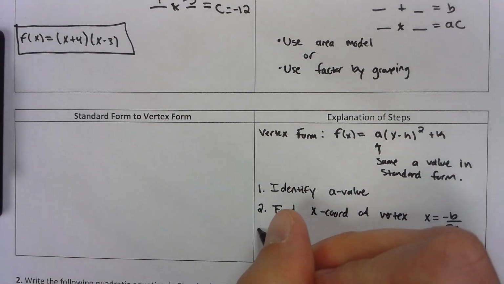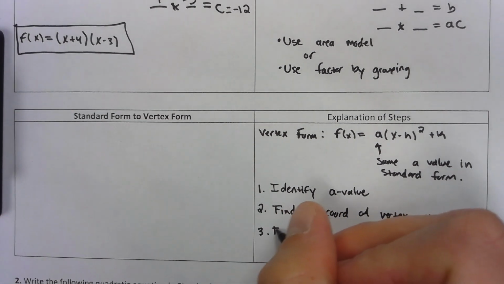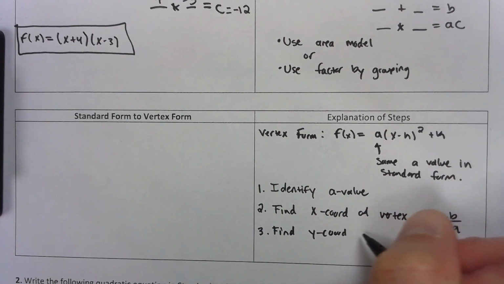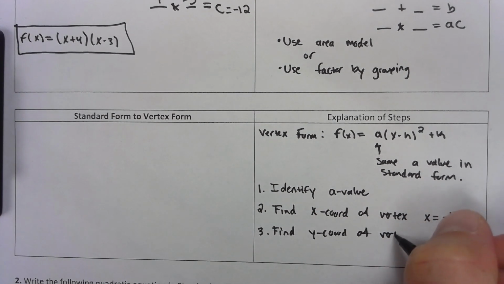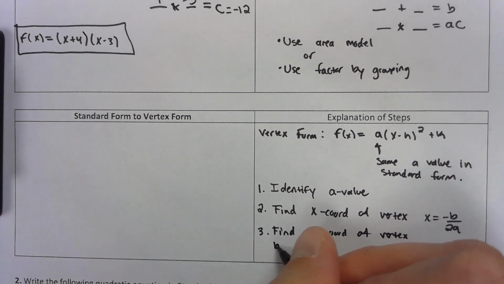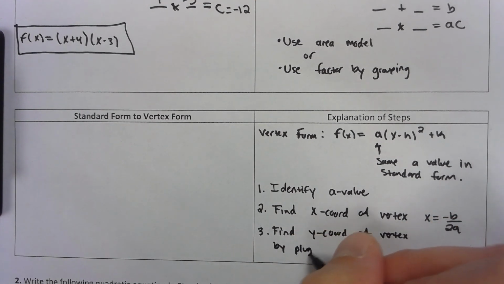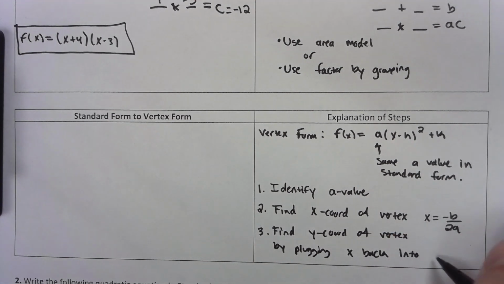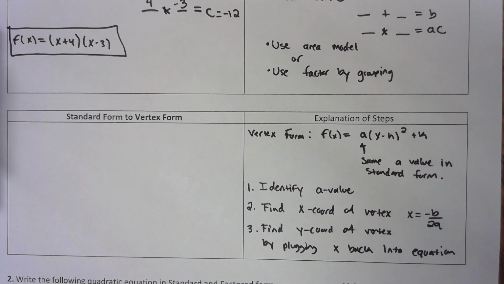And then step 3 will be find the y coordinate of the vertex, and we do that by plugging x back into the equation. Okay, and I'll give you all a sec to get caught up with writing that down.